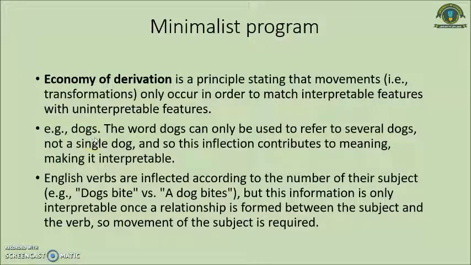When this inflection s is attached with it, it refers to several animals and not just a single one. This simple inflection is deriving a lot of meaning. We refer to multiple things, and in order to do that, we have a simple principle: just add inflection s and you will have the meaning of multiple things.